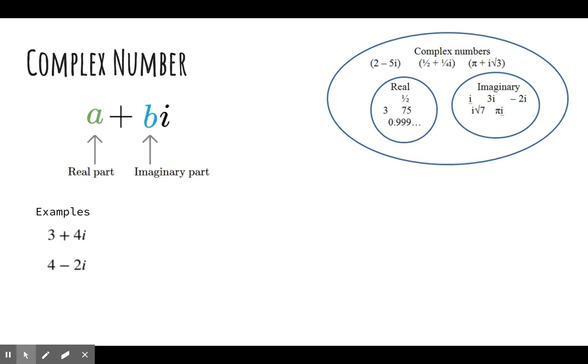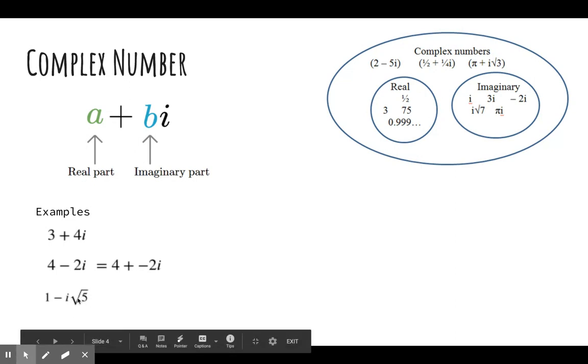Even though it does not have the plus of bi, you could rewrite it 4 plus a negative 2i to make it in that plus bi form. So 4 is the real part, and negative 2i is the imaginary part. Another example of a complex number, 1 minus i times the square root of 5. This imaginary part, as we previously learned, when we have the radical, we do have to put the i in front of the radical. So that still represents the imaginary portion of this complex number.